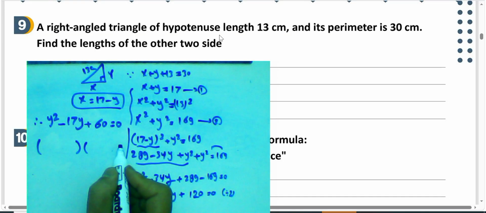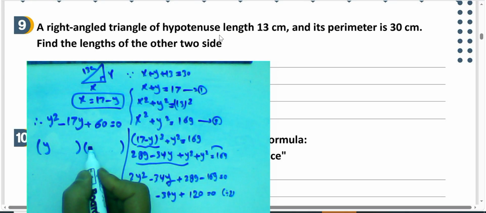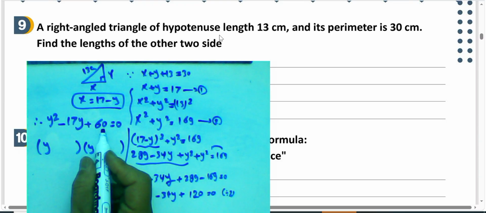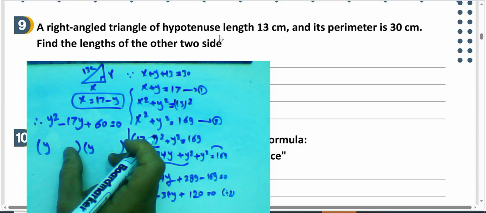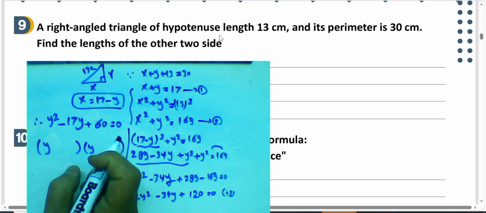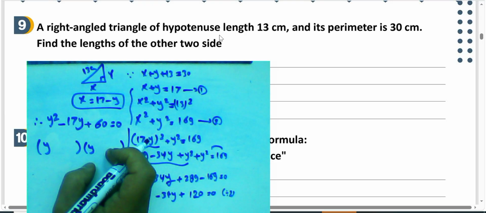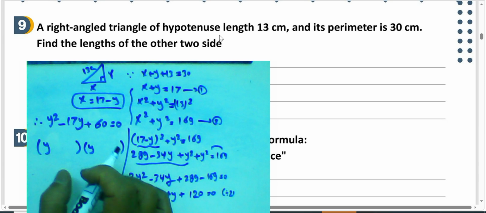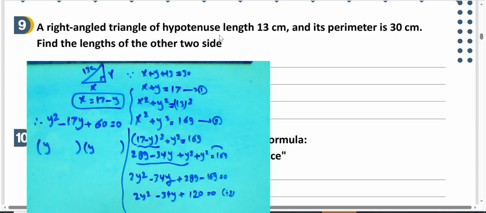Then we can factorize. We have y times y is y power 2, and we want to find two numbers whose product is 60 and whose summation will be 17. We can write 2 times 30, no, 3 times 20.